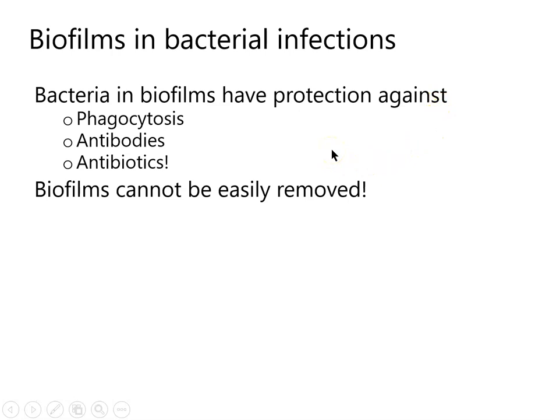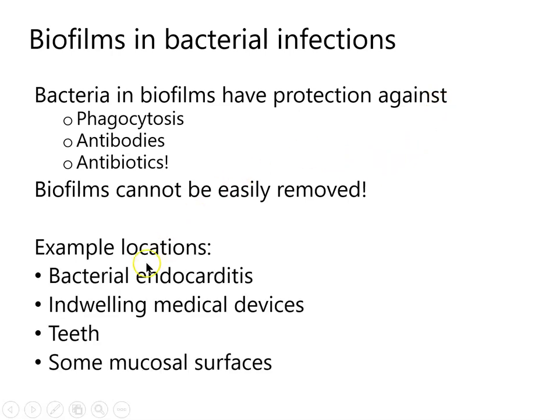Probably the worst common example you see in a clinic is bacterial endocarditis, or heart valve infections. Some of these would actually require surgical removal and replacement of a heart valve, because there's nothing the bloodstream has that can protect it against certain biofilms.